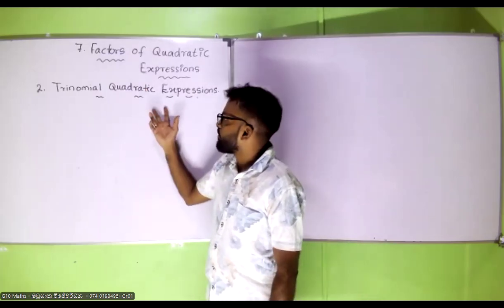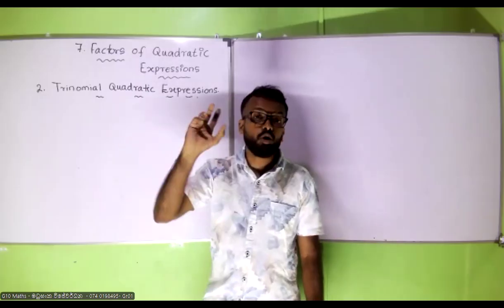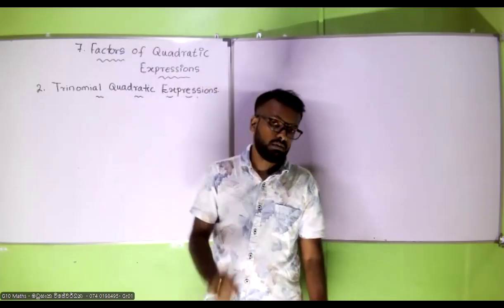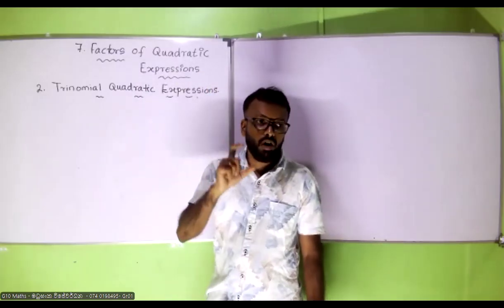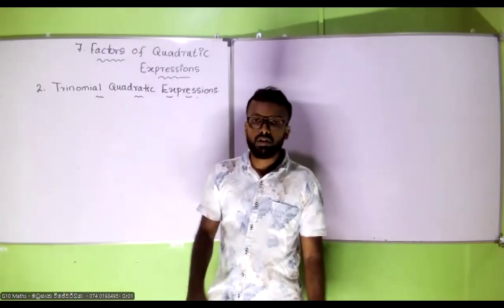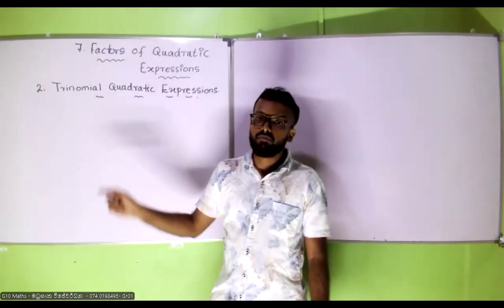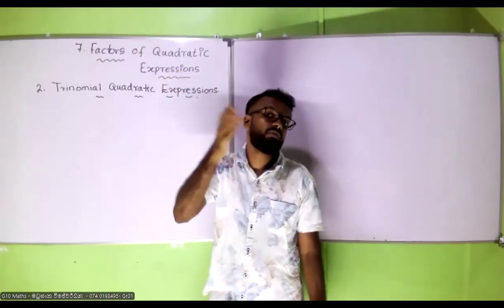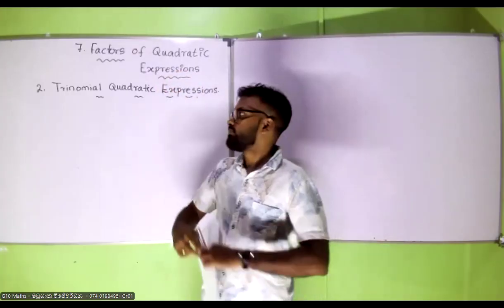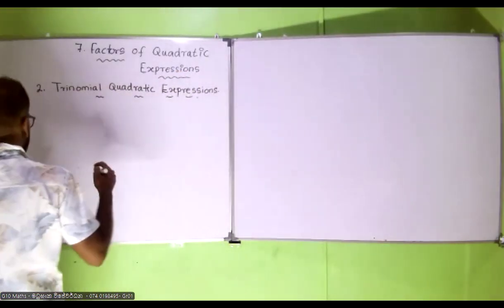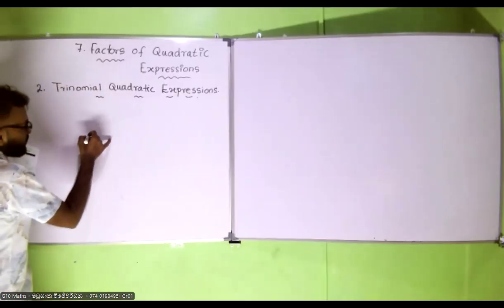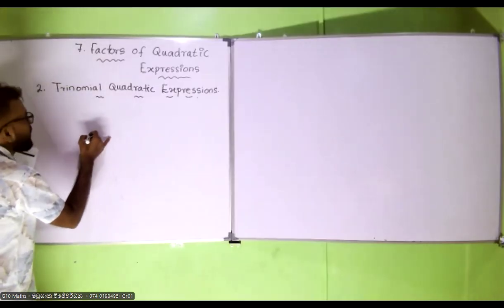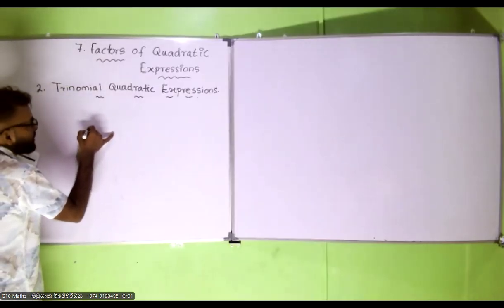And I think you are familiar with those things from grade 9, and you know how to do the factorization as well, right? But when it comes here, there is a little bit of change in how to do the factorization. So first of all, let's identify our trinomial quadratic expression.